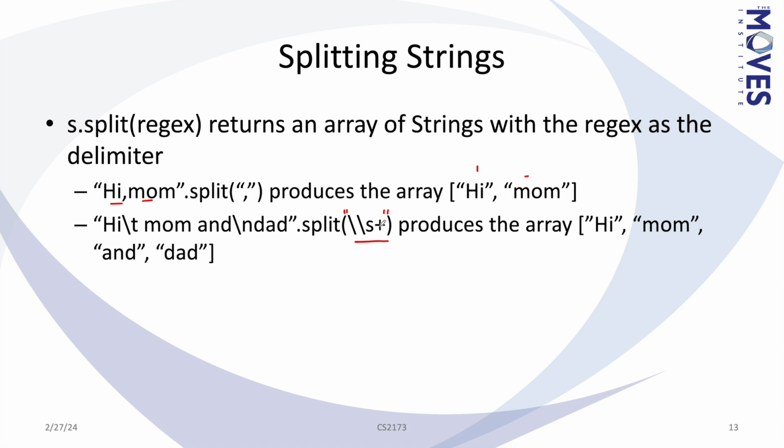And then the plus says one or more. So if I have this string, which consists of hi and a tab, mom and a space, and a new line, that'll separate each of these pieces, hi, and then mom, and then dad. And if there were one or more in there, then it would do that as well.